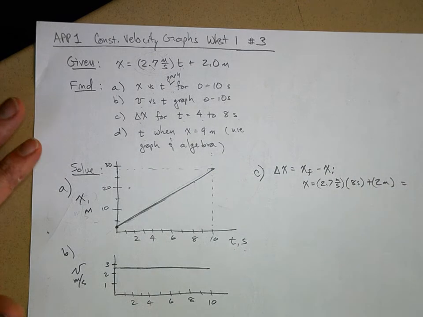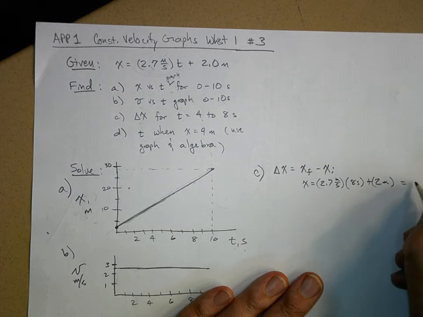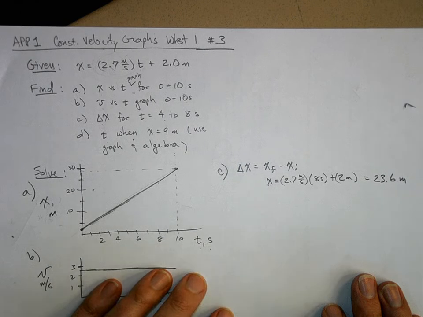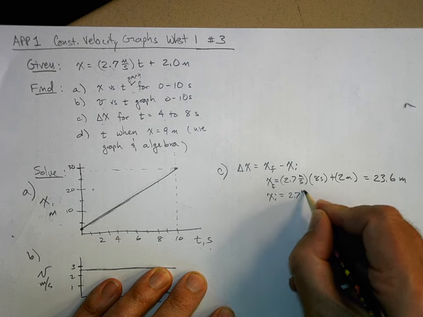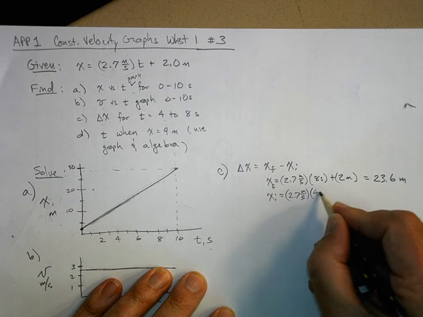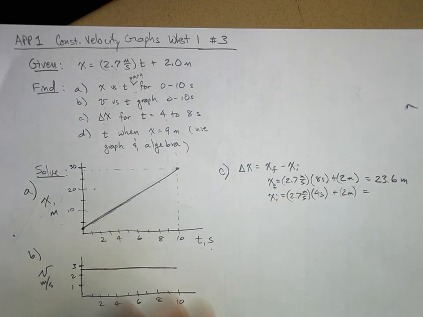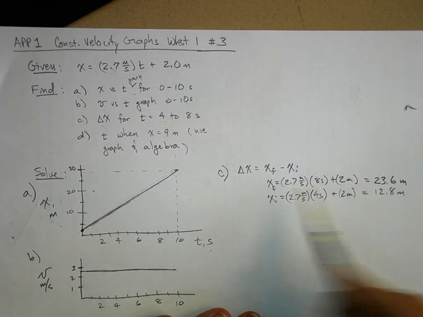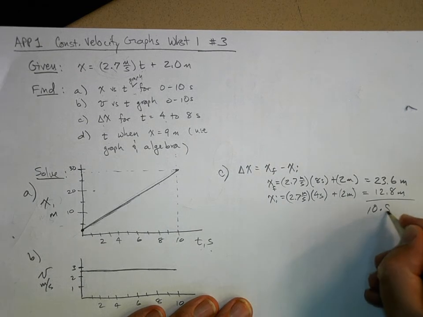When you do that, you get 23.6 meters. So that's x final. And then x initial is the same thing, 2.7 meters per second times 4 seconds plus 2 meters, and you get 12.8 meters. When you subtract the final minus the initial, you get 10.8 meters.